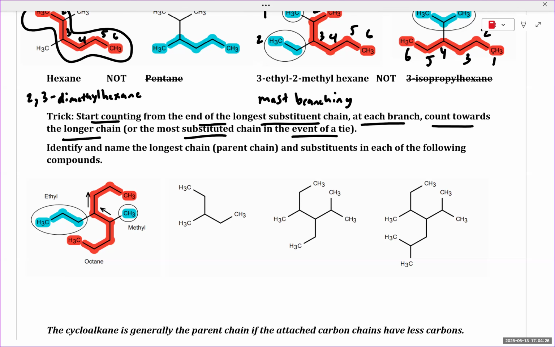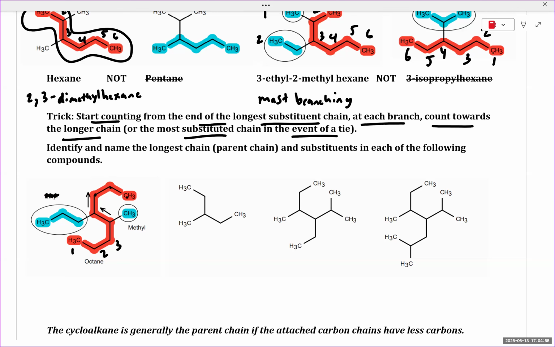First and foremost, 1, 2, 3. So in this case, we can pick any of these side chains here to start counting down. Our goal is to get the largest carbon count for our main chain.